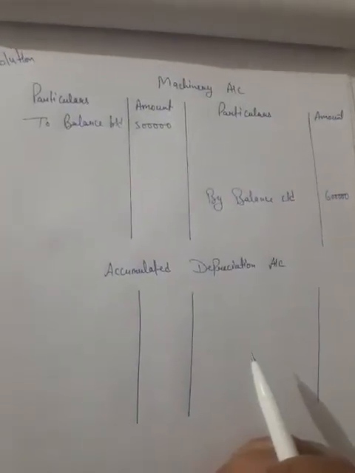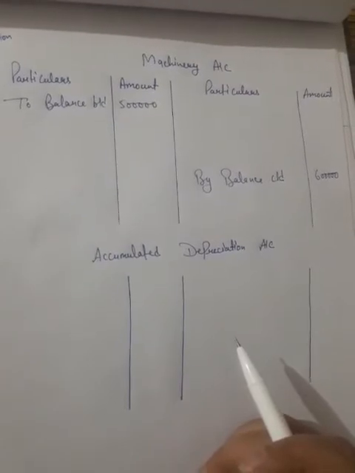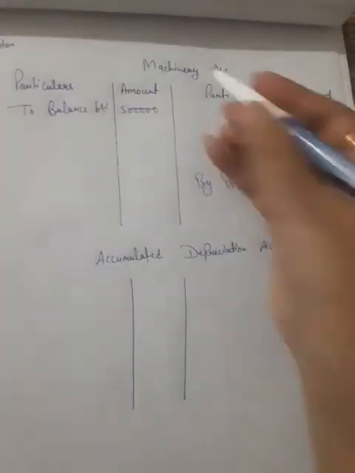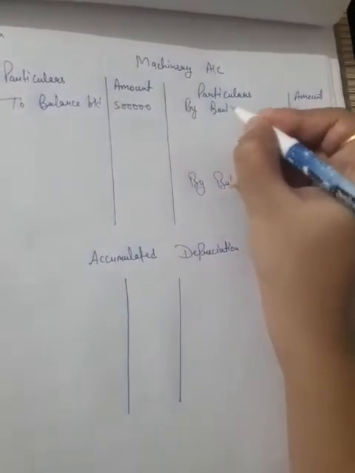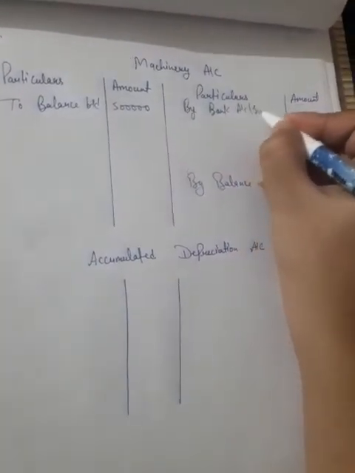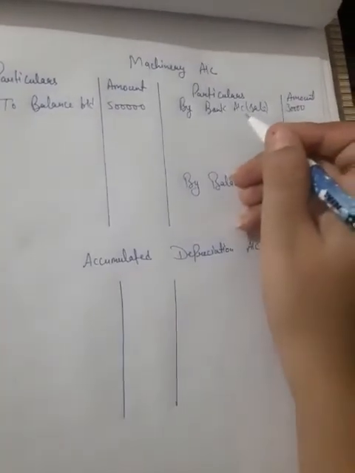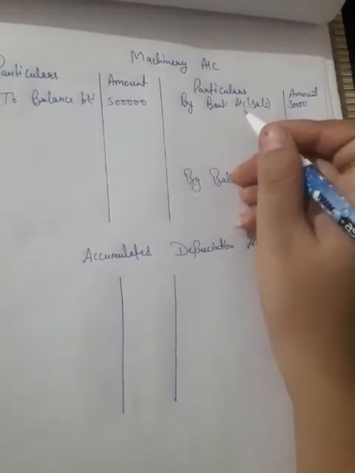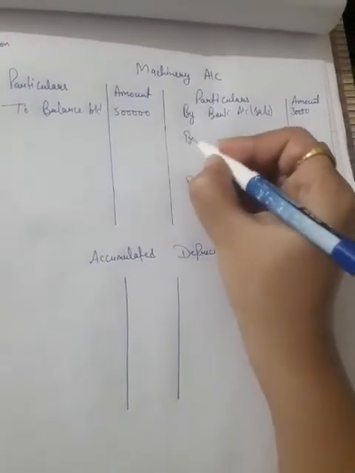Now in the additional information it is given: machinery costing 1 lakh, accumulated depreciation 44,000, sold for 30,000. So we sold the machinery for 30,000. For the calculation of accumulated depreciation, it is given 44,000, which you charged on the machinery.